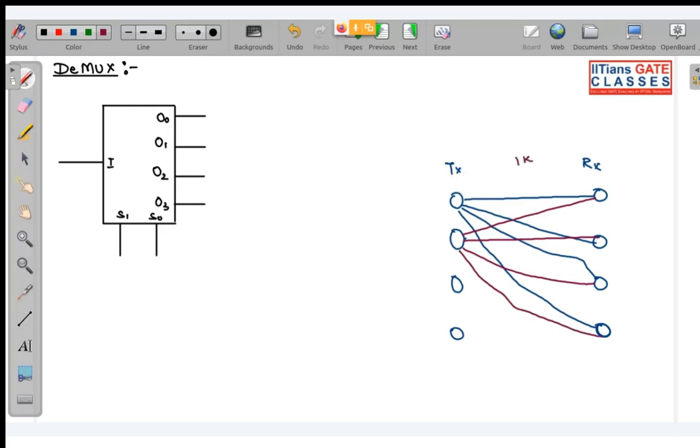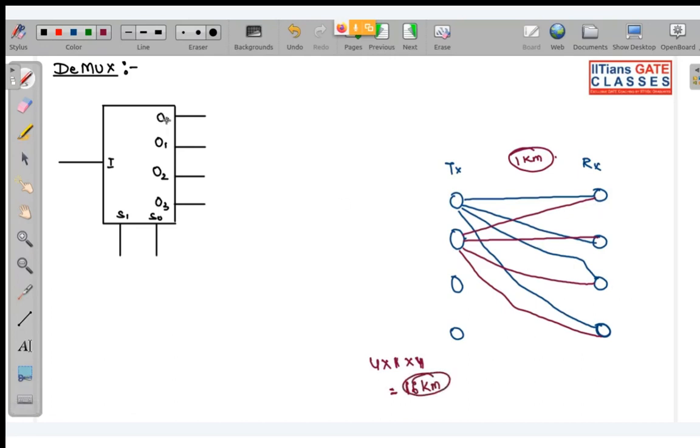Let us assume that 1 kilometer of wire is required for each transmitter to receiver connection, just as an example. So in total, how much length of wire will be required? There are 4 transmitters, each using 1 kilometer of wire to connect with one receiver, and there are 4 receivers. So in total, 16 kilometers of wire will be required.